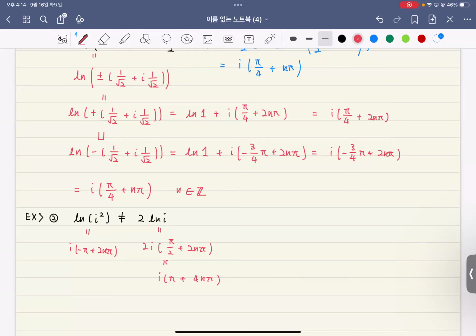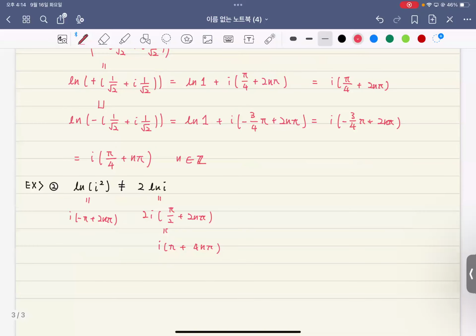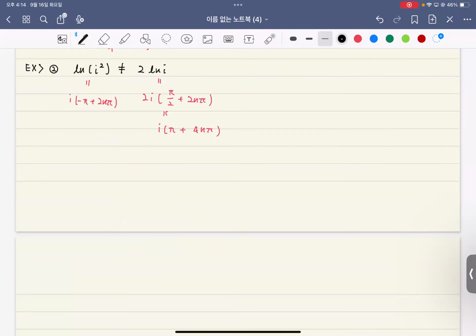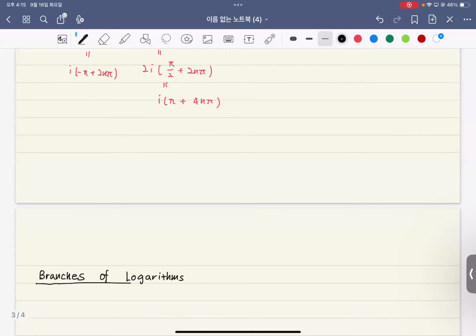All right. Okay. So now we are dealing with the ugly world of multi-valued functions. I really don't like this, and I want to fix this. To fix this, I want to introduce the notion of the branches of log functions, the branches of logarithms.